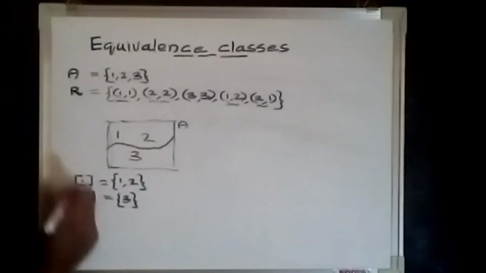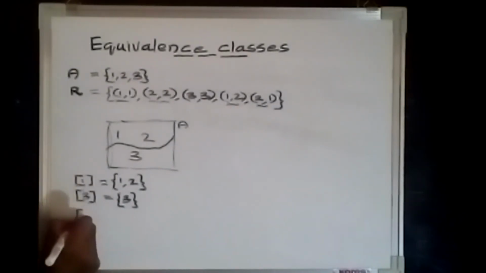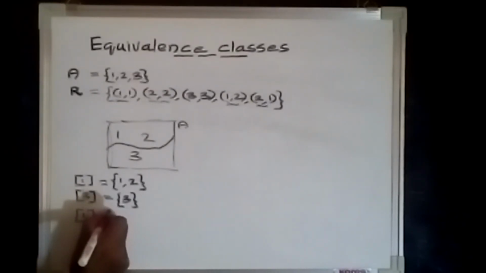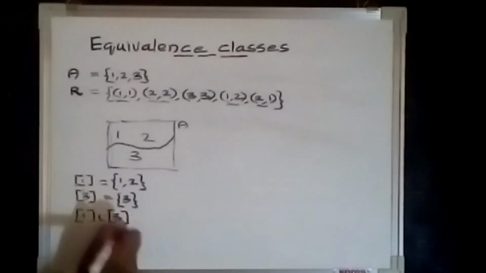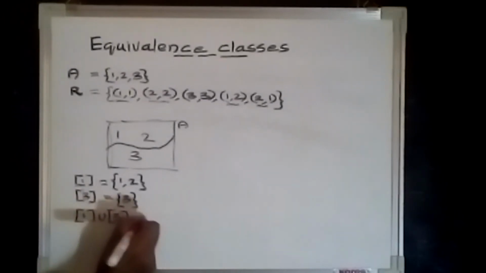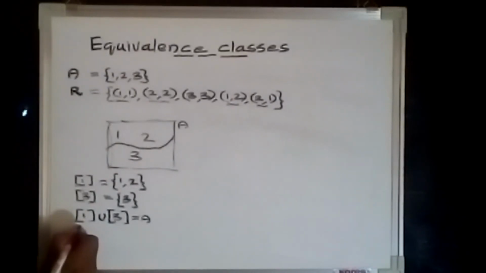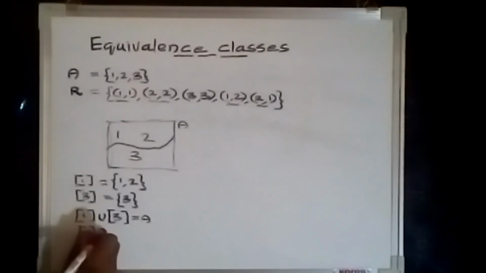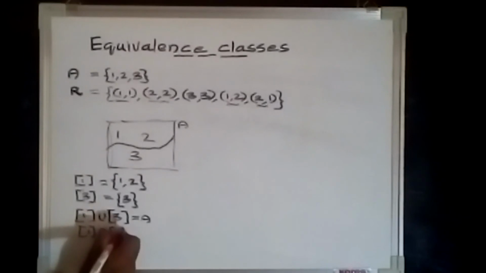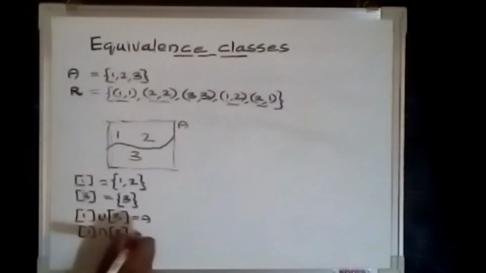Also, the union of these two classes, class 1 union class 3, gives the given set A, the set {1, 2, 3}. And their intersection, class 1 intersection class 3, equals the empty set.